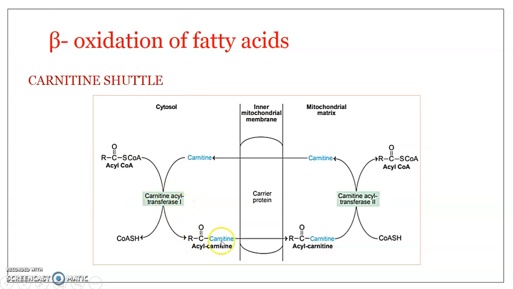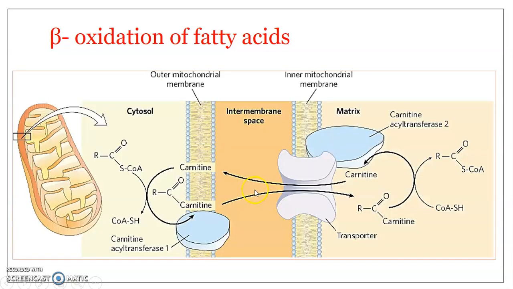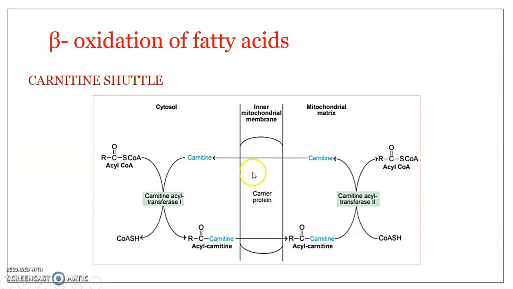Now the fatty acyl carnitine can cross the inner mitochondrial membrane to reach the mitochondrial matrix with the help of a carrier protein. This carrier protein is nothing but the carnitine translocase enzyme. Here you can see the membrane, isn't it? Carnitine translocase.